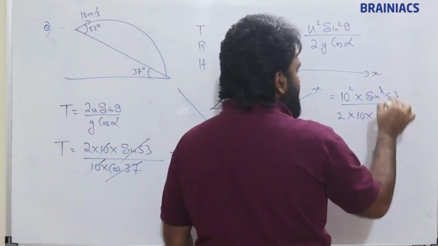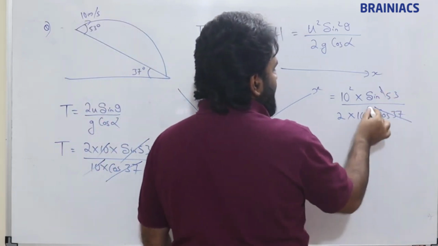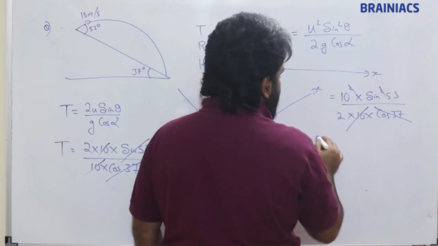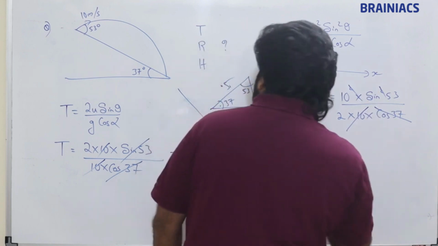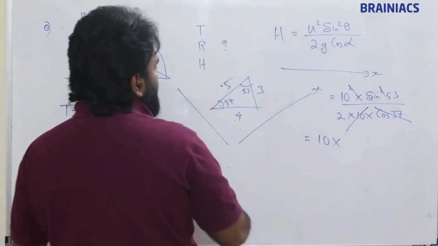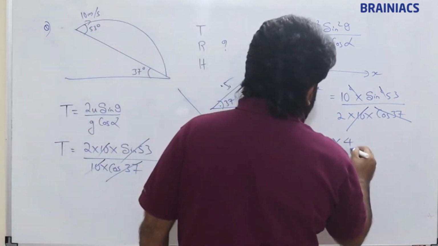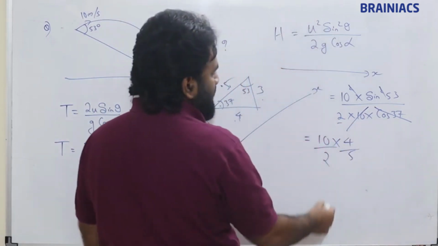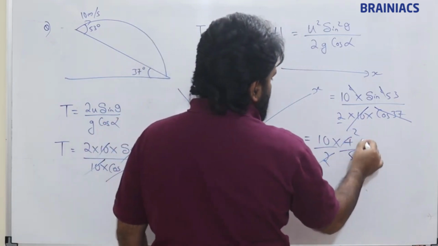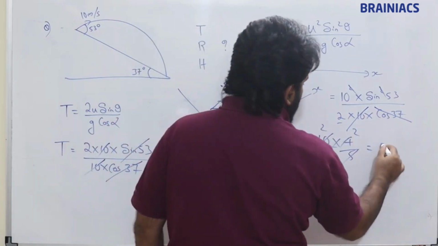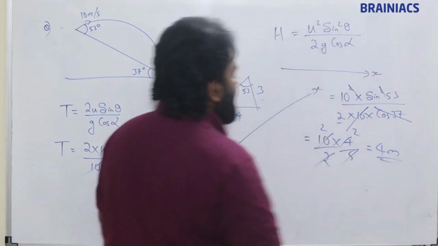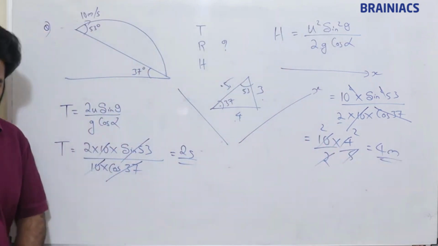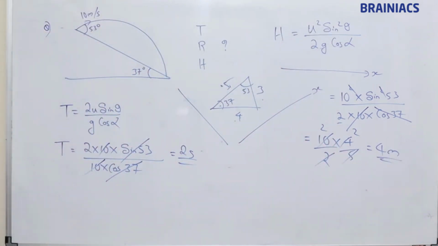So one sin 53 and cos 37 can be cancelled. 10 and this square also can be cancelled. So 10 into sin 53 is what? 4 by 5. Here this 2 is there. So this is 2, 4 meters. So the maximum height is 4 meters. Let us find now the range.